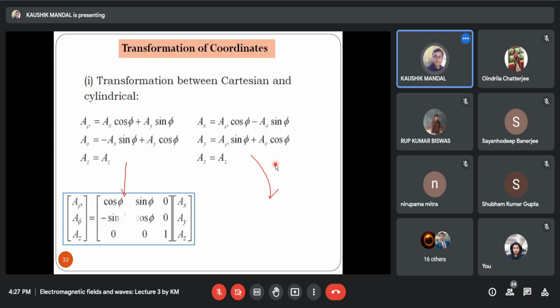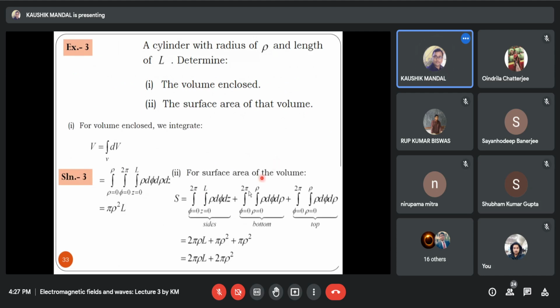Now see, rho into d phi dz, rho into d phi d rho. What about the bottom? Bottom will also be the same, because top and bottom are nothing but the top of the cylinder and the bottom of the cylinder, representing the same plane. Only the value of z is different. So for this particular side surface of the cylinder, from the surface vector, we have ds a rho. ds a rho means rho into d phi dz.